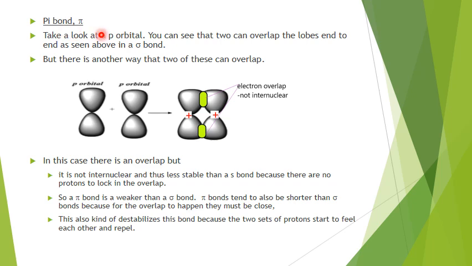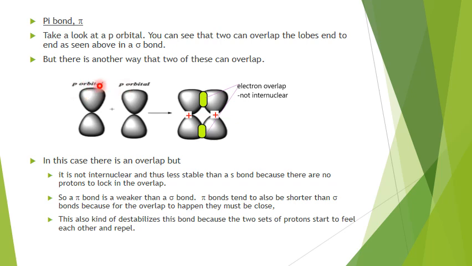Now let's look at the other type, called a pi bond. Let's look at a p orbital. Here's your figure 8, or you might call it a dumbbell, where you might find two electrons. As we saw in the last slide, they can overlap end to end, and when you do that, you can have a sigma bond.